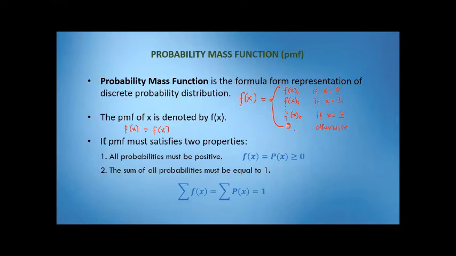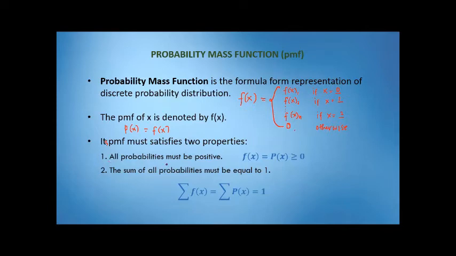So, palitan natin 'to. Its PMF must satisfy two properties. So katulad din ng DPD, 'di ba, meron siyang dalawang properties na dapat ma-satisfy. Ganon din ang probability mass functions. Pero parang same way lang din naman sila.